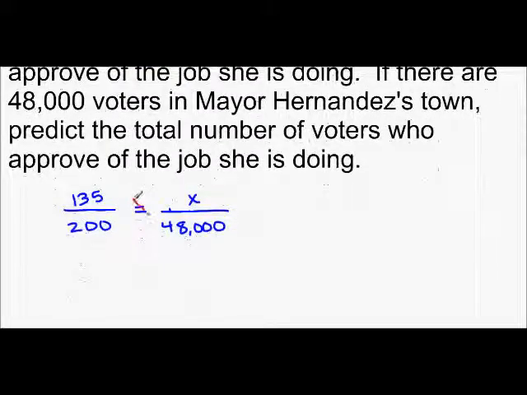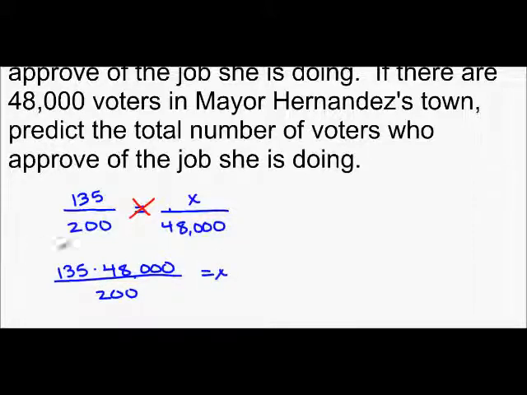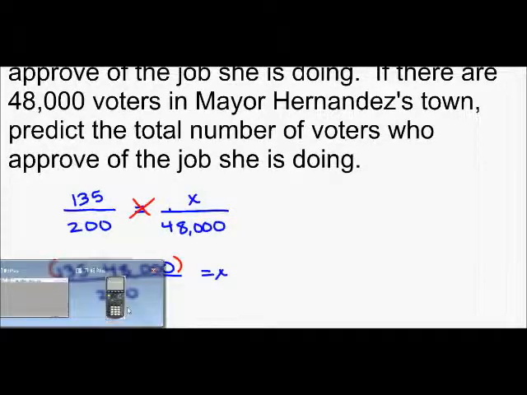Now we're going to solve by cross multiplication. So we have 135 times 48,000 divided by 200 equals X. I'm going to put parentheses around this top part before I whip out this calculator. Okay.